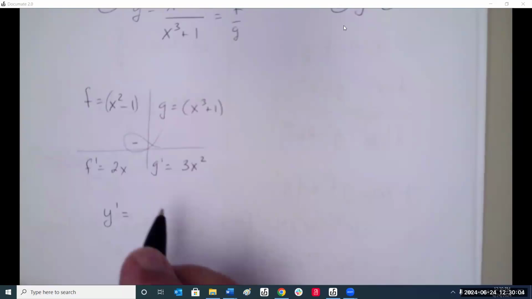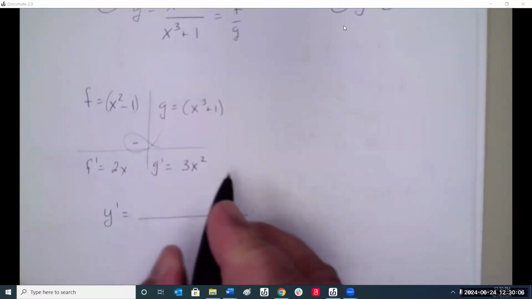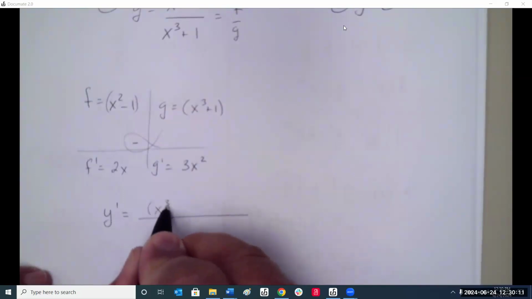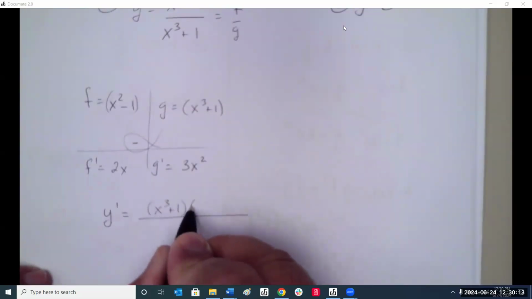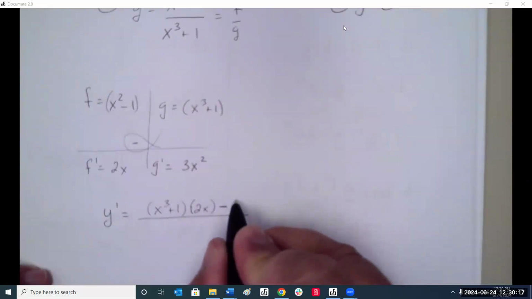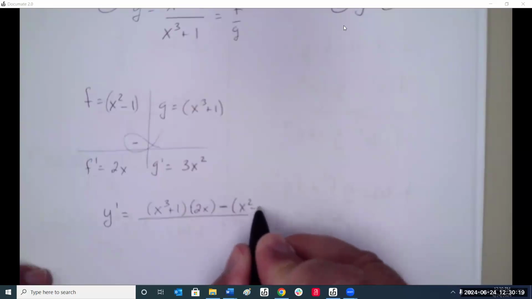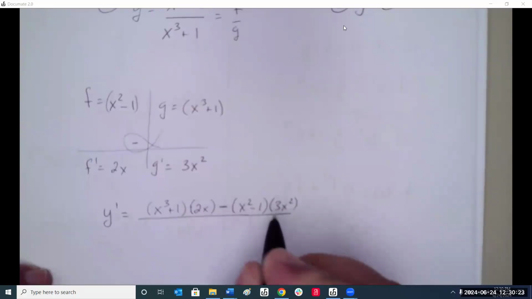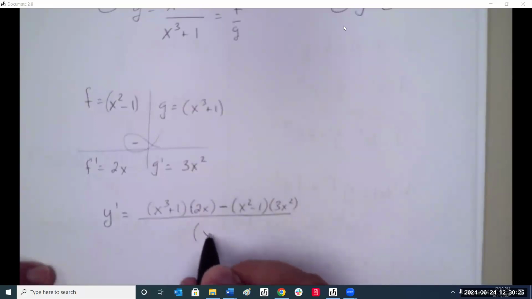So y prime is g, which is x cubed plus 1 times 2x, minus x squared minus 1 times 3x squared, all over the denominator squared.